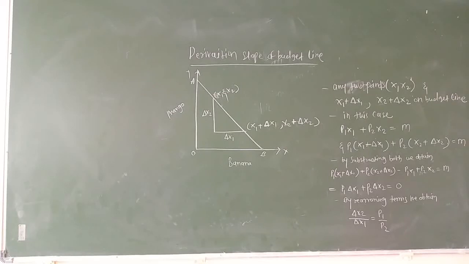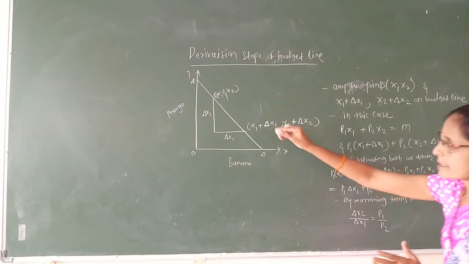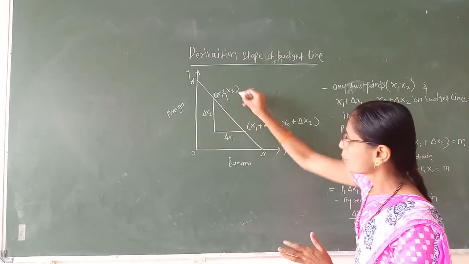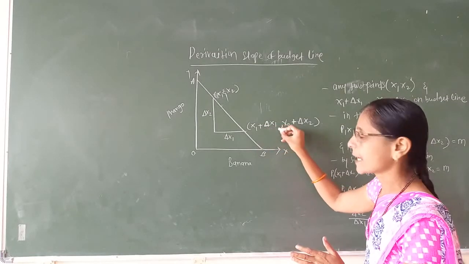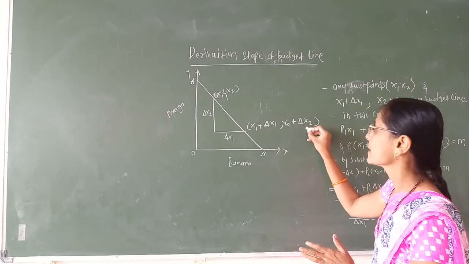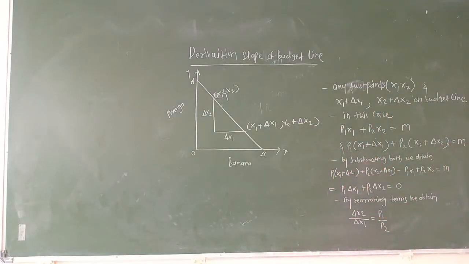Because the cost of both commodities is equal to the consumer's income, since the budget line consists of all the bundles which cost exactly equal to the consumer's income, and these points are on the budget line.